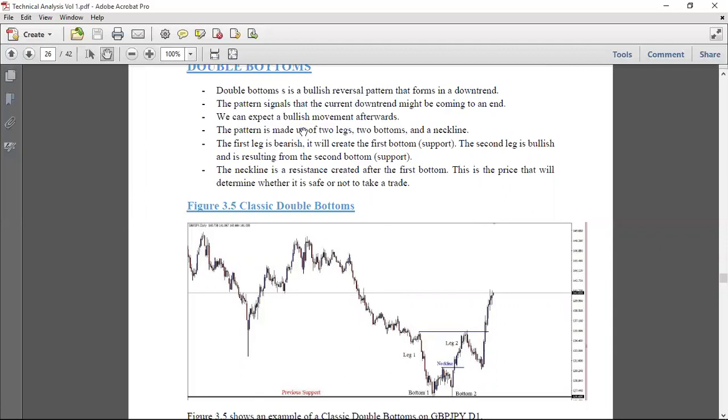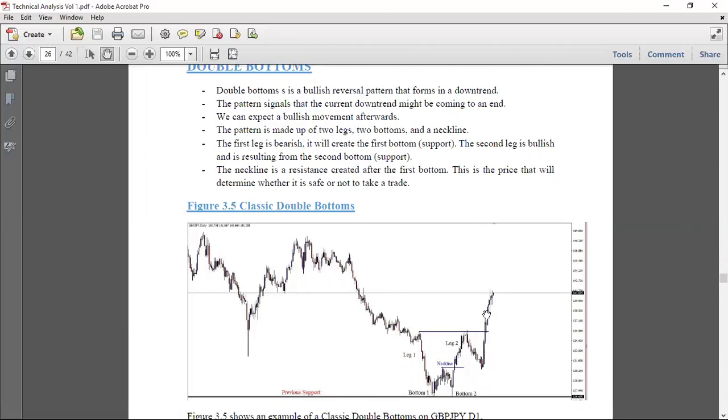But you will have something like this, in a downtrend, signaling that the downtrend might be coming to an end.